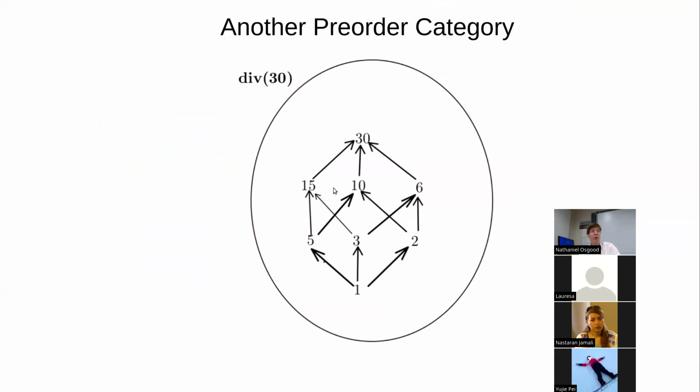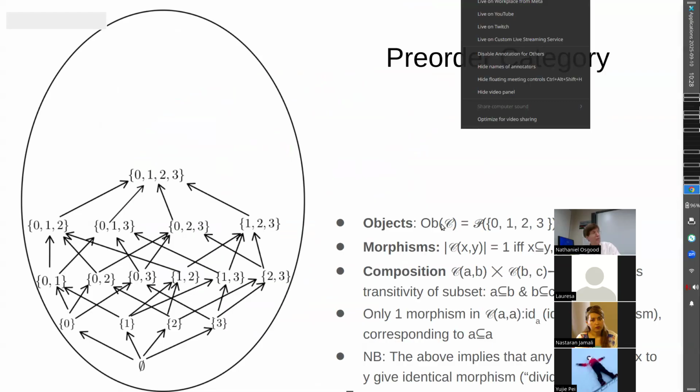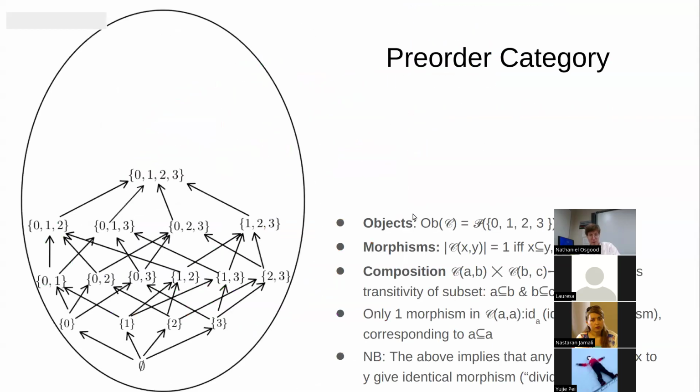It's called a preorder, meaning that it's this type of category where we have objects, and it's a thin category where there are morphisms from any one object to other objects that are size either 0 or 1. And we can use a notation of less than or equal to or included in here. This is a particular preorder category.